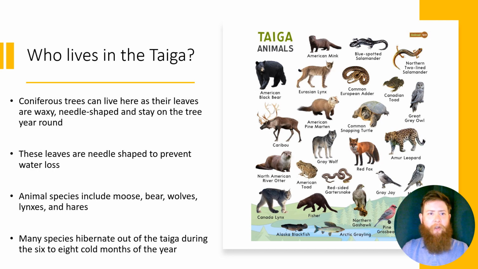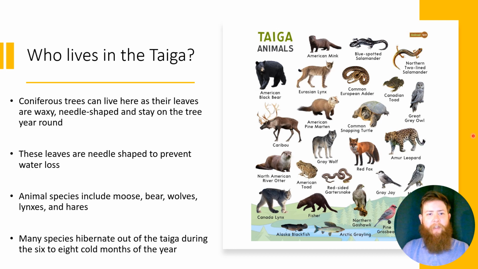Lots of organisms call the taiga home. We have coniferous trees here at the taiga, and they have those waxy, needle-shaped leaves that stay on the tree year-round. The reason that they're shaped like needles is to prevent water loss. Also that wax is to prevent water loss.